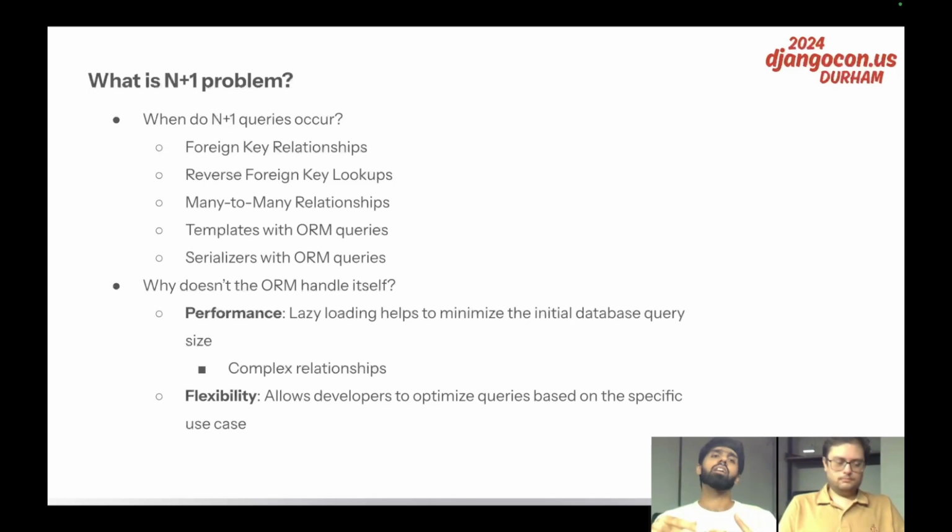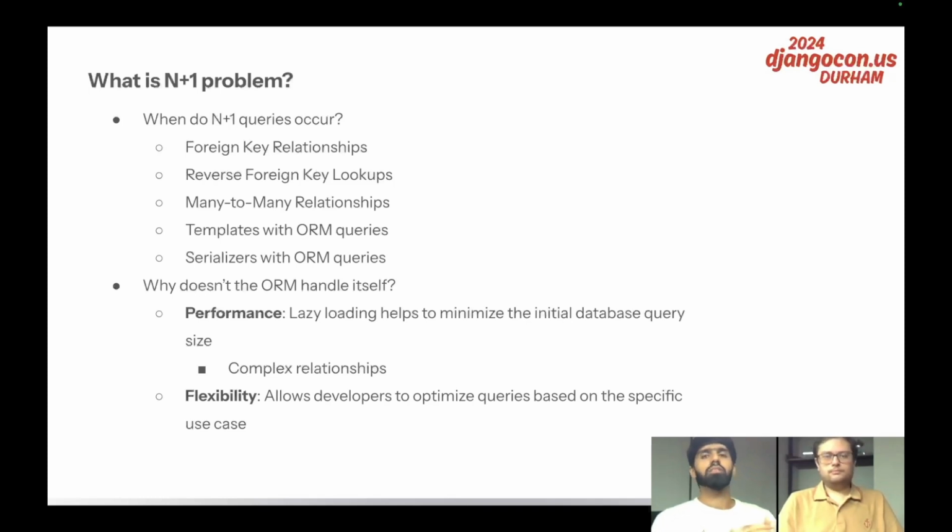This scenario can occur where we have foreign key relationships, many-to-many relationships, or reverse foreign key lookups. It can also occur where we are using templates that execute ORM queries, or Django REST Framework serializer APIs, where the serializers rely on ORM queries that in turn execute N+1 queries.